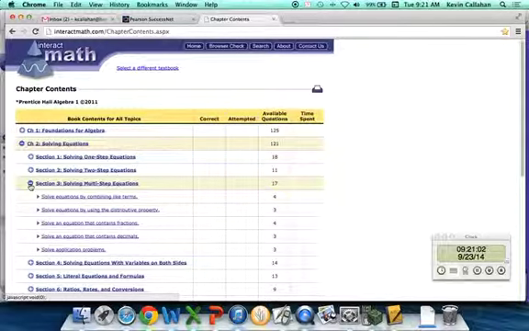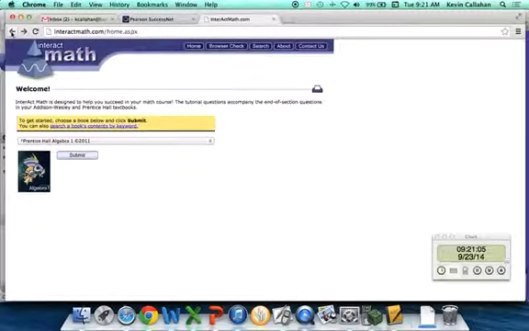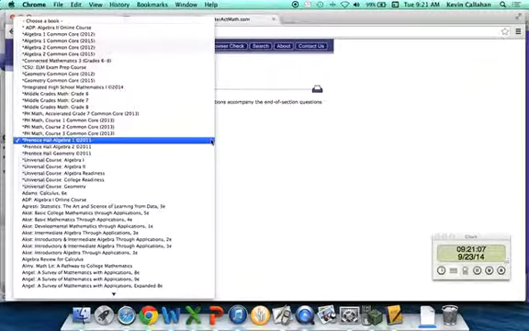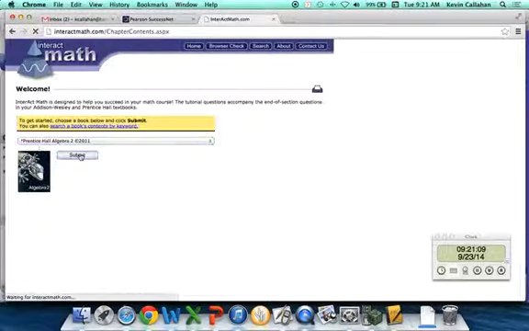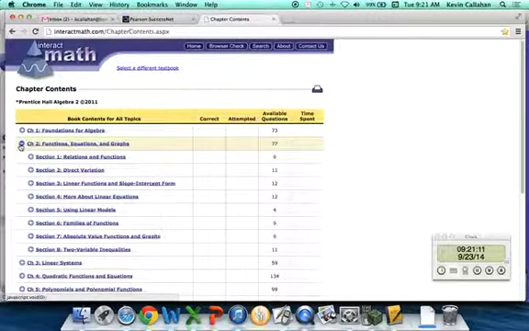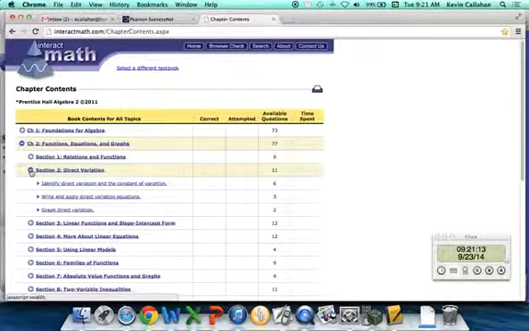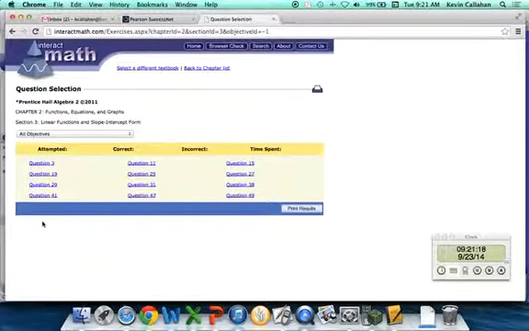That is an Algebra 1 book. Prentice Hall Algebra 2. That looks better. Okay, 2-3. For some of the homework questions, they give you another problem of the same kind if you wanted to practice more of it.